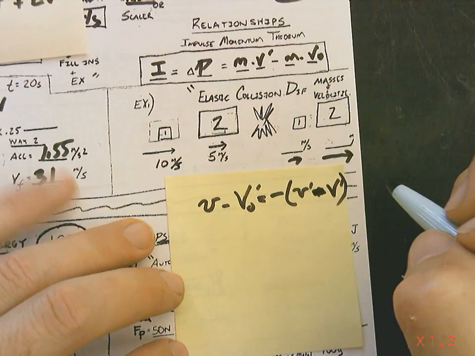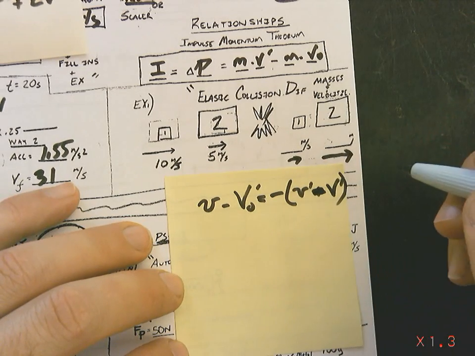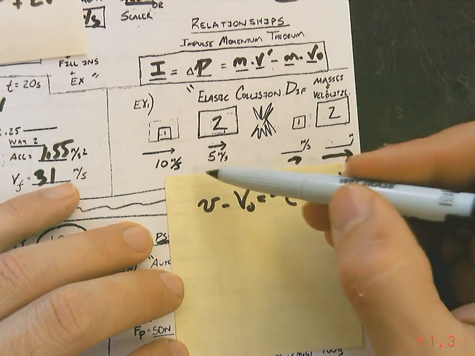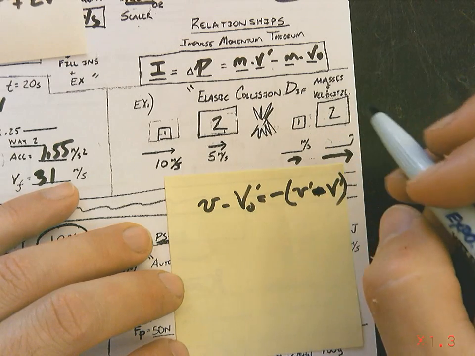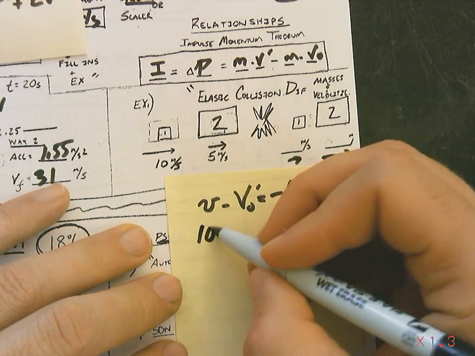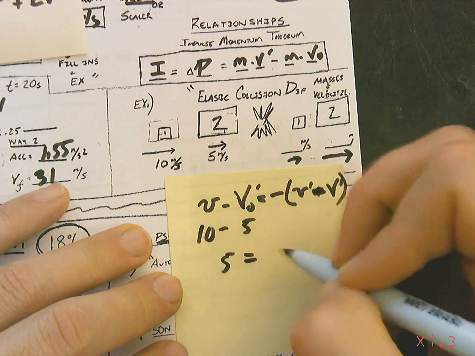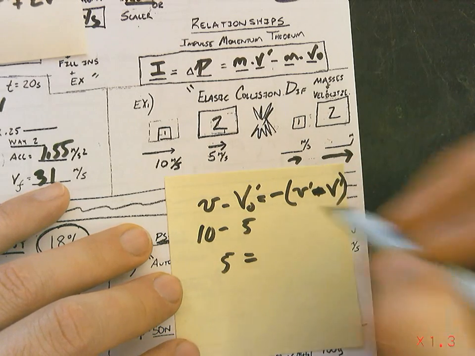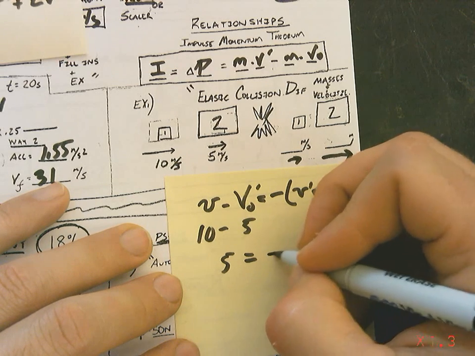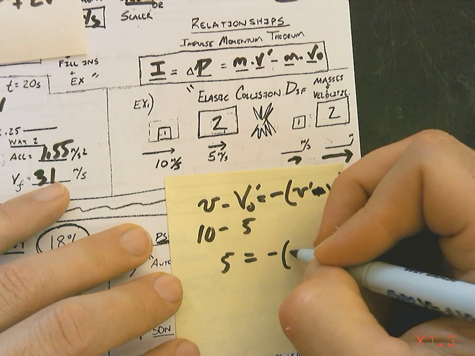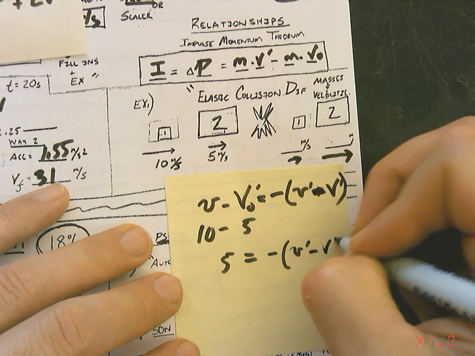So the difference before will be equal to the difference afterwards. So even though these numbers won't be the same afterwards, the difference between the arrows will be the same. So before we had 10 minus 5, so the difference was 5. So afterwards, we know the difference will be 5, but it will just switch places. So the one that was going slow will go fast, and so on and so forth. So we end up with something like this.